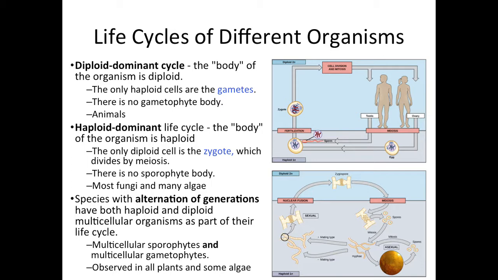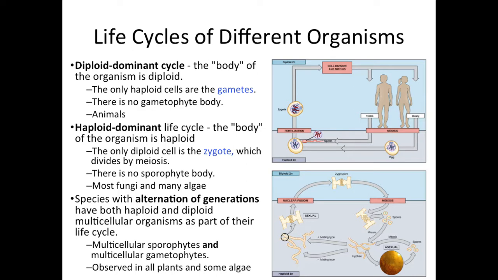The zygote is diploid, and that's the only diploid cell that is produced by these haploid dominant bodies. So the body is haploid, it's full of haploid cells. The only diploid cell is the zygote, and then that zygote itself is going to divide by meiosis to produce new spores that will grow into new haploid bodies.